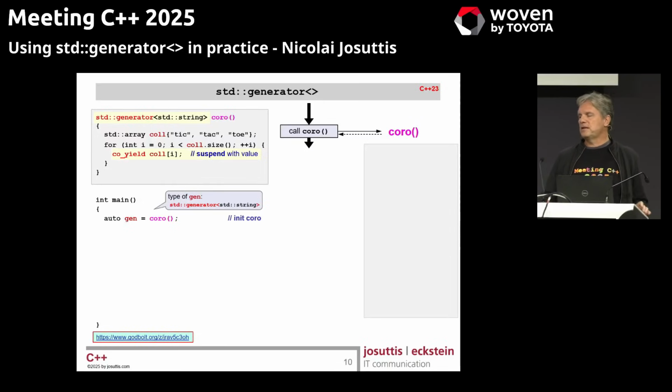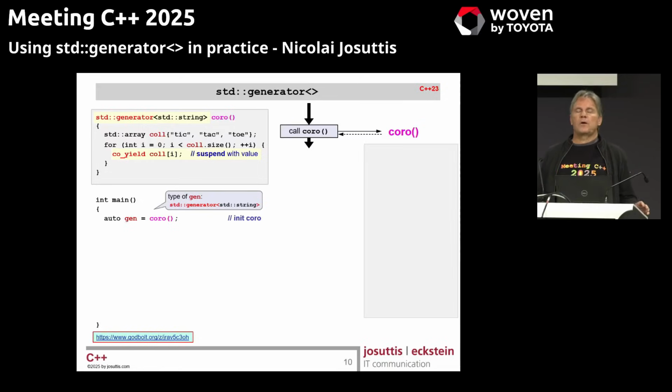So it's a std generator of strings object. That means Gen now has the API of generators, and with this API, we are dealing with this coroutine, which we started here. It is a coroutine because it has a co keyword in the body.